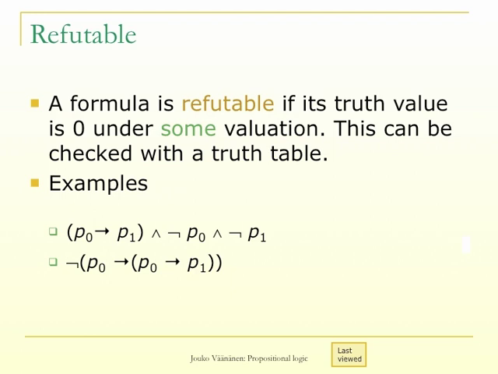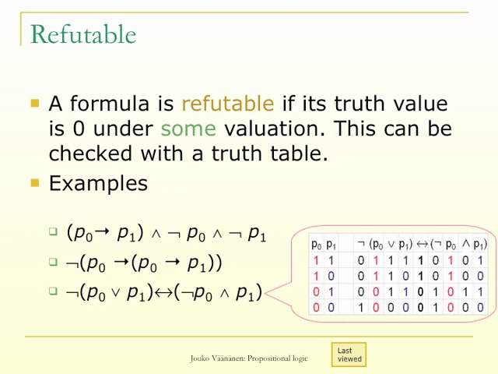Not (P0 or P1) if and only if (not P0 and P1). In each case, one can draw the truth table to see that the formula is refutable.